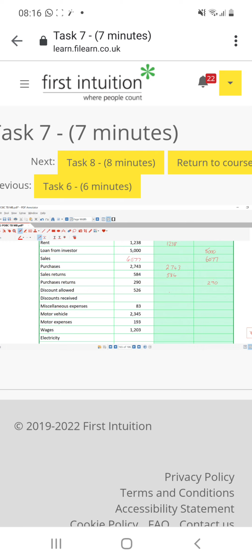And then our discounts allowed, and remember here, this is an expense. It's the money that we are willing to forego to get the rest in earlier. So this 526 will be an expense, so will be on the debit side, whereas that discount received that we had before of 104 is the saving that we are making, so reducing that expense to us by paying early, so will be on the credit side.